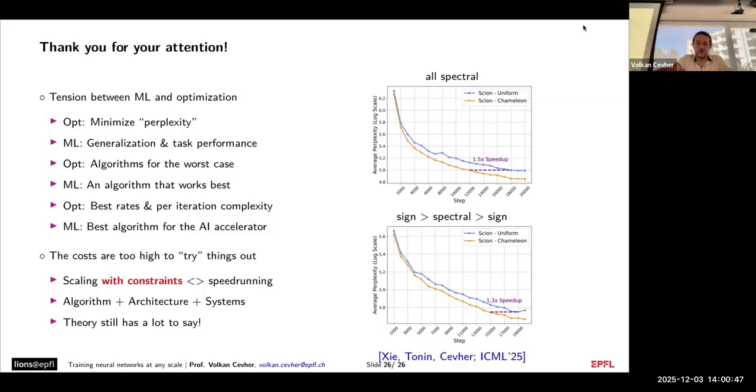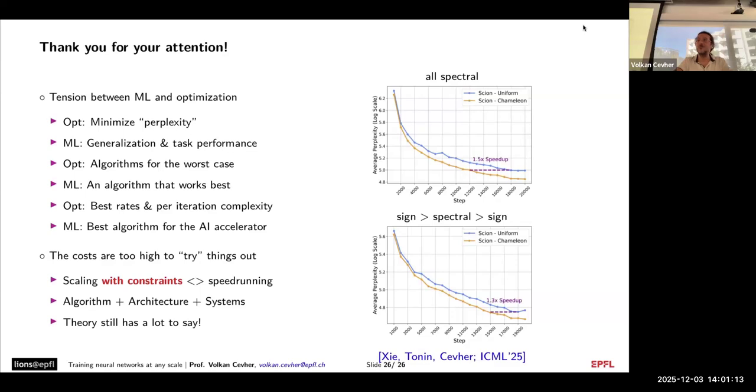for generalization. In optimization, we care about algorithms that obtain the best rates for the worst case, right? In machine learning, you don't care if that algorithm works for any other problem as long as it gives you the best performance for the biggest run that you're going to do. And this creates a major discrepancy between what people do in theory and what people do in practice.